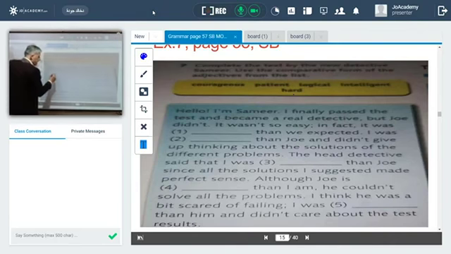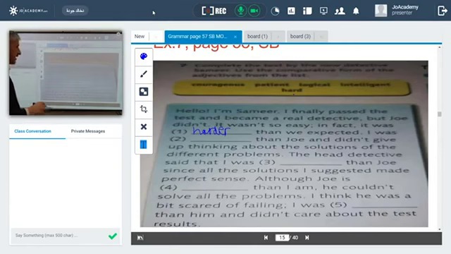It's one syllable, so we need to add ER to the end of the adjective. So it becomes harder, harder than, أصعب من, harder than we expected.